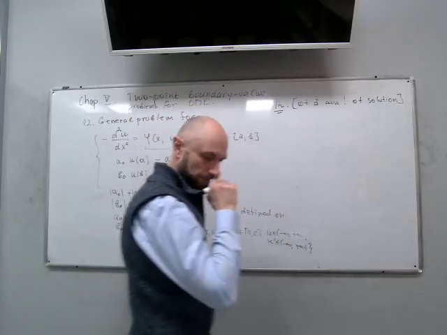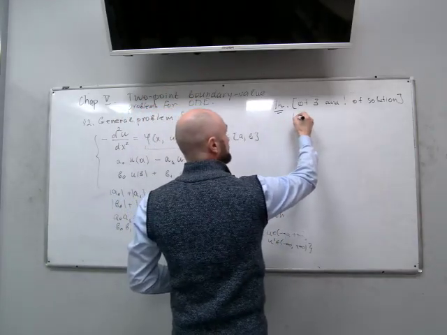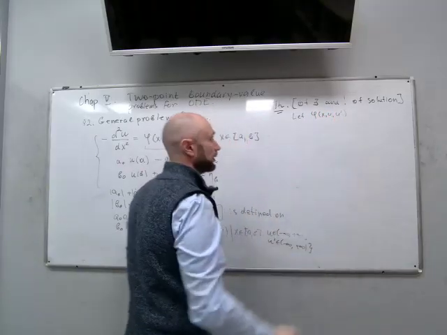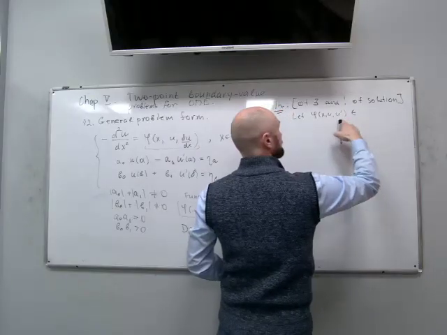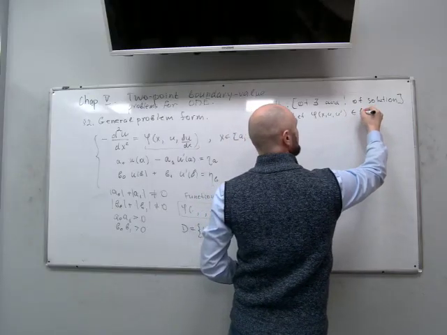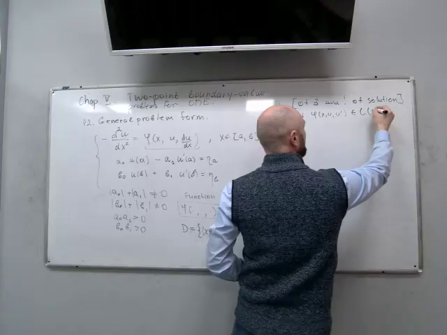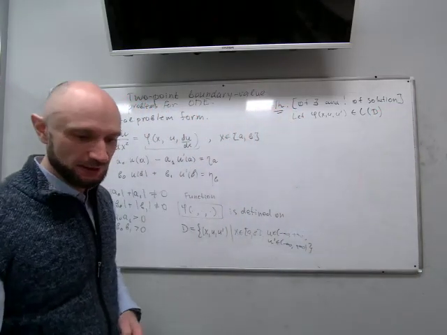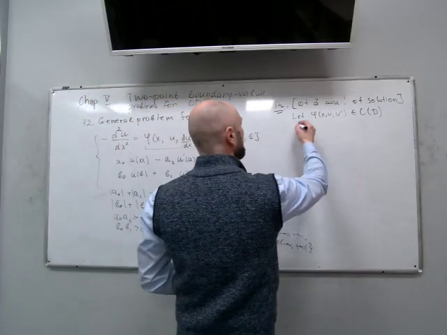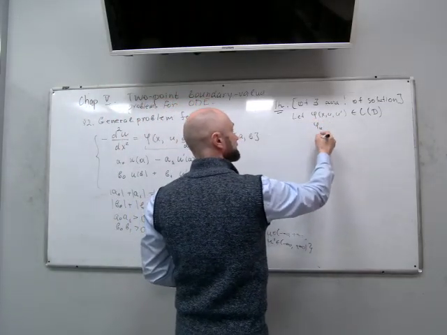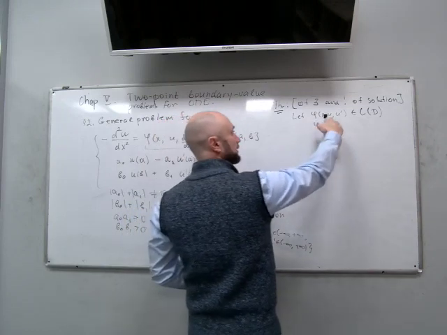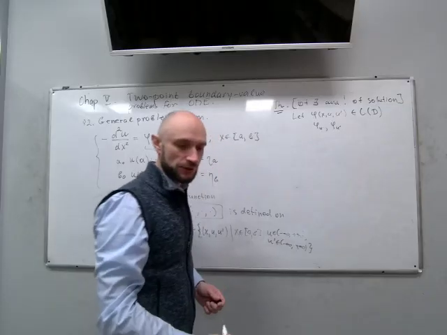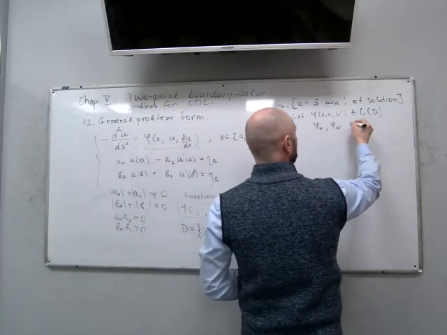So let phi of x, u, derivative be continuous in D, on the set of points D, and let phi, the derivative of phi by its second argument and the derivative of phi by its third argument are also continuous in D.